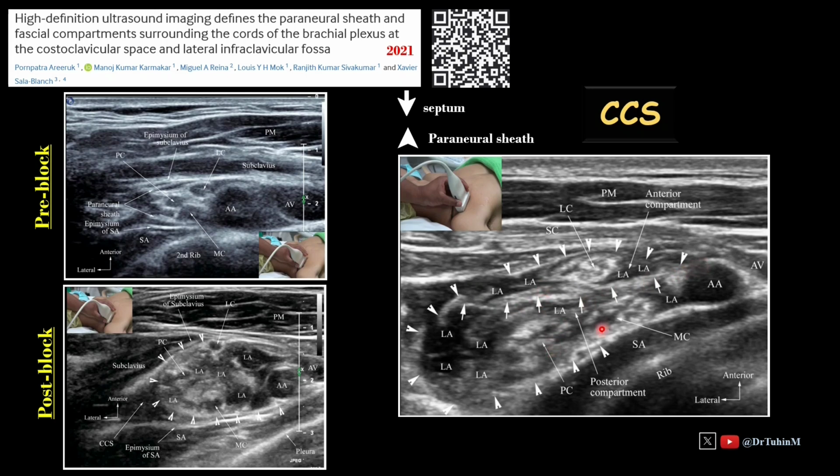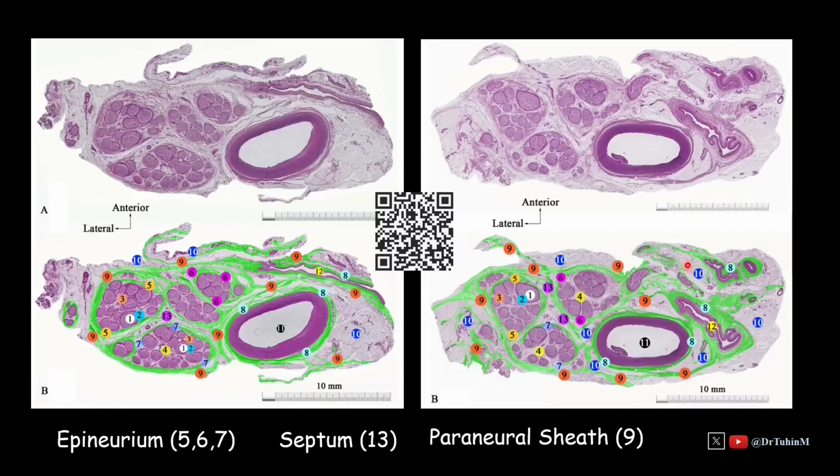Here also, we perform two injections, one for each compartment. While injecting local anesthetic in the posterior compartment, try to avoid pushing your needle tip between the posterior and the medial cord. The cadaveric studies have demonstrated that they are intimately adherent to each other. Separating them may result in nerve injury.